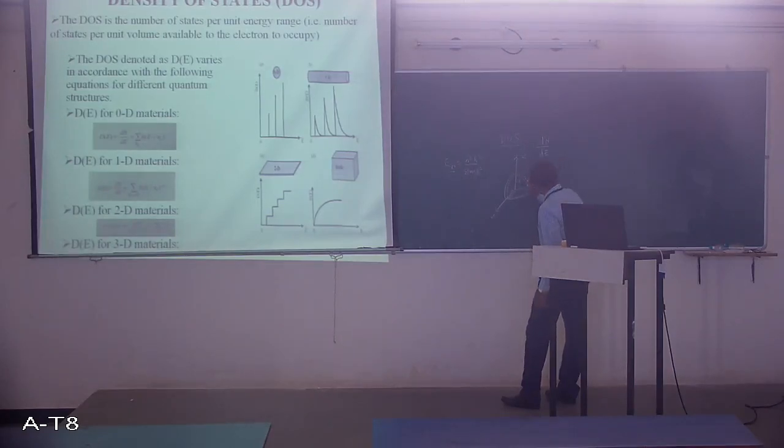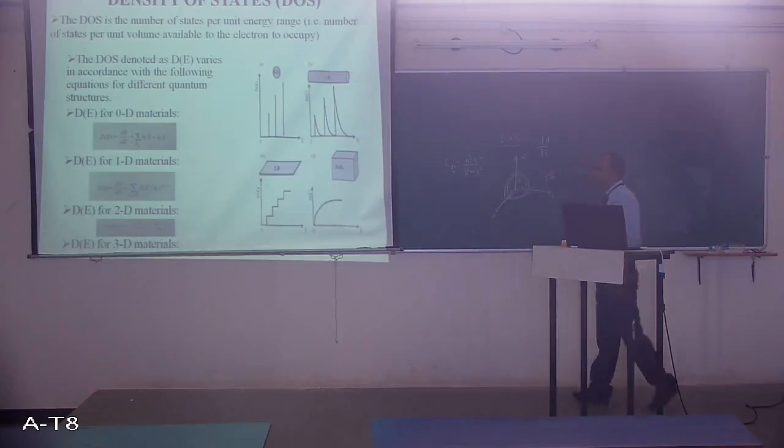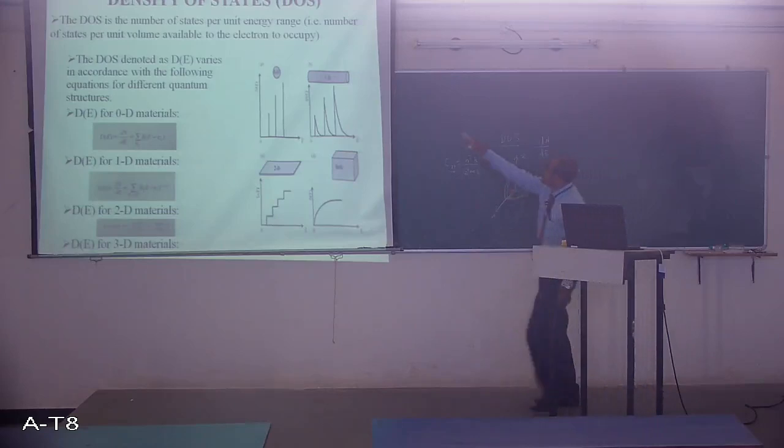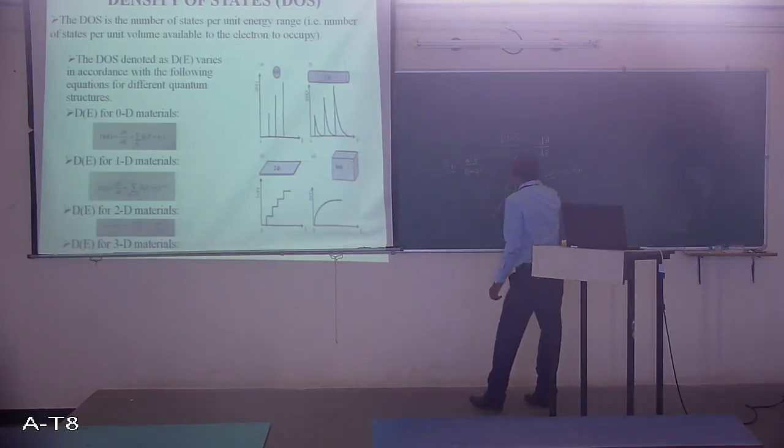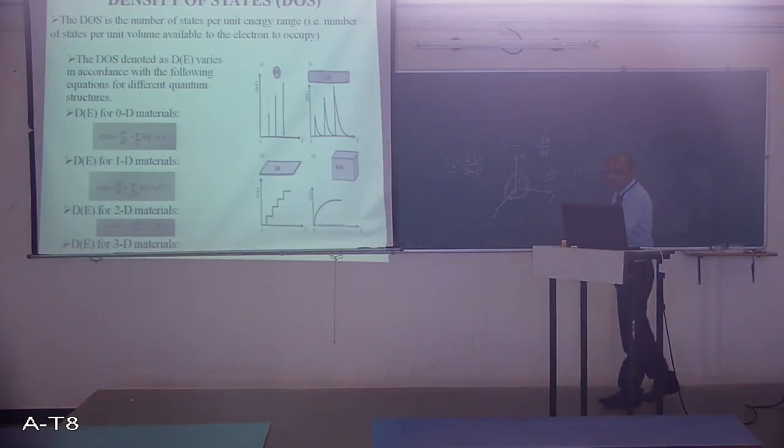So this dashed line represents the small energy difference, that is E2 minus E1, that is the energy range. Within this small energy range, how many states are there?